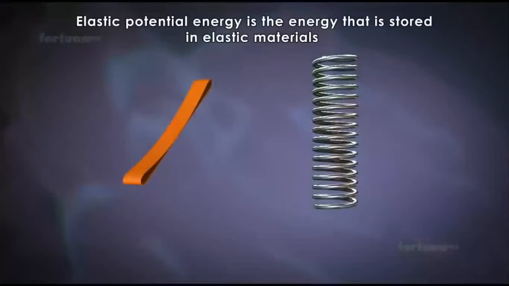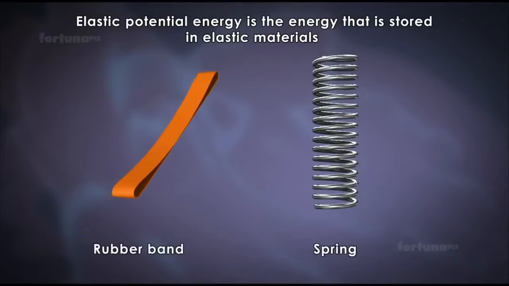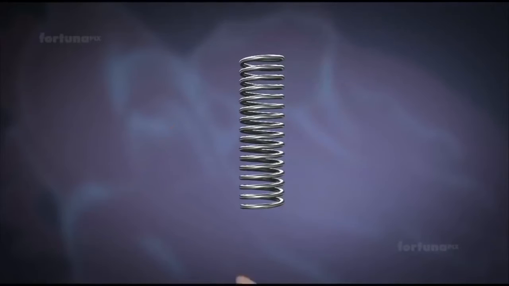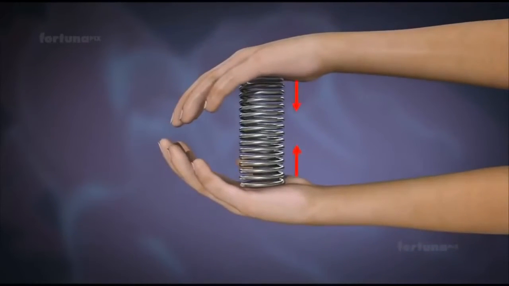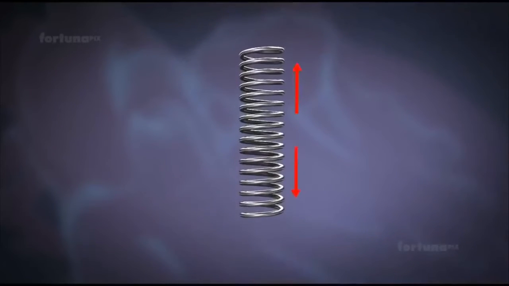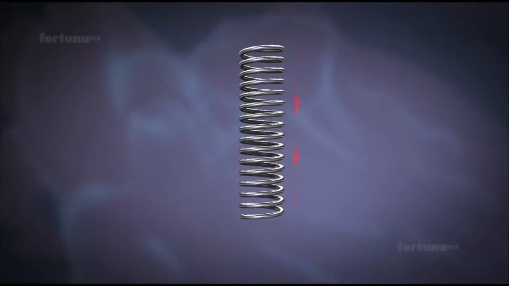Elastic potential energy is the energy that is stored in elastic materials and objects such as springs and rubber bands. If we compress a spring, the force we apply to it will be stored in the spring as elastic potential energy. Once we move our hand, the stored energy will be released, helping the spring bounce back and return to its original position.